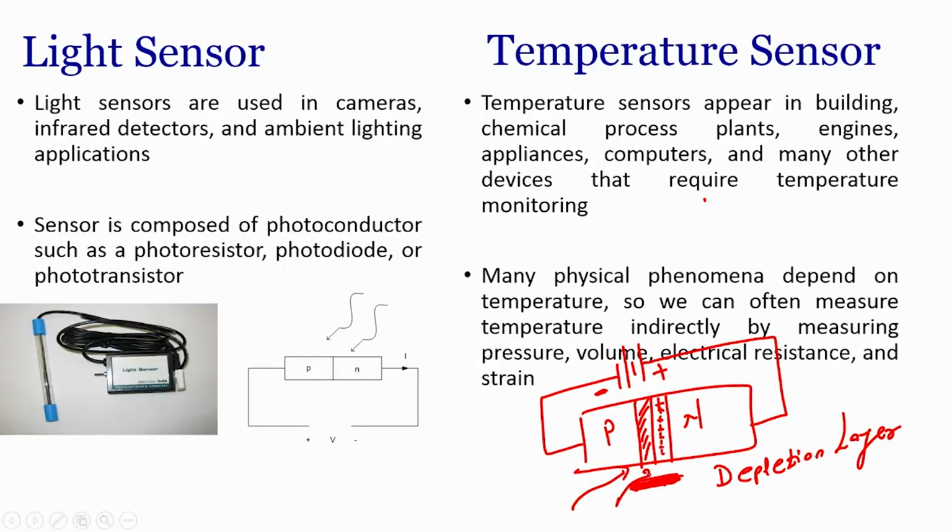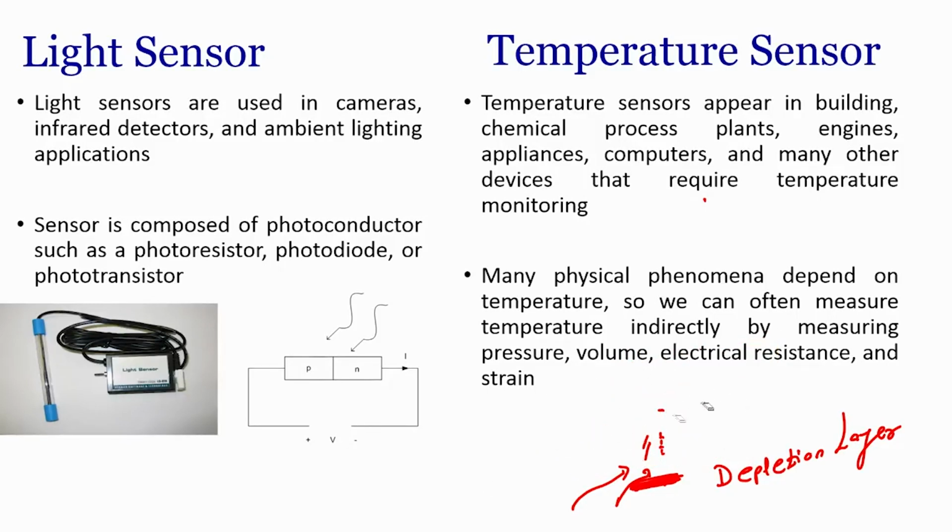The depletion layer will be reduced because of the electrons formed, because of the intensity of light. The reduction in this depletion layer can be measured with the help of the current flowing through this particular semiconductor. Thus, this is the phenomenon of any photodiode or a photoresistor or a detector. Okay. So, that is what it is.